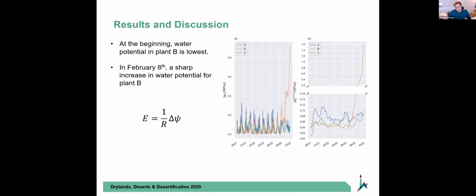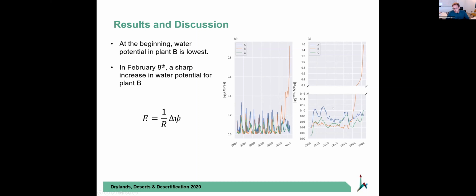So let's have a look at the result from the water potential. What you can see here is the xylem water potential as a function of time for the 3 species. This is the data, and we did some time series analysis to remove the diurnal cycles, and you can see here the trend.